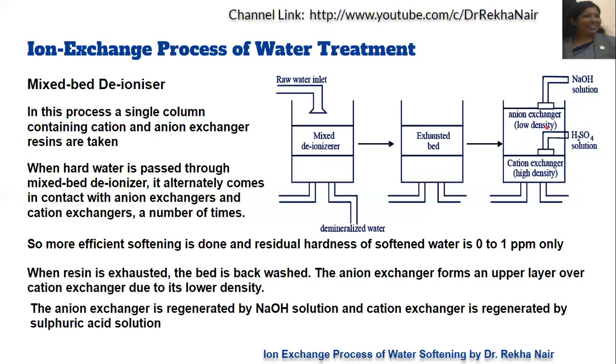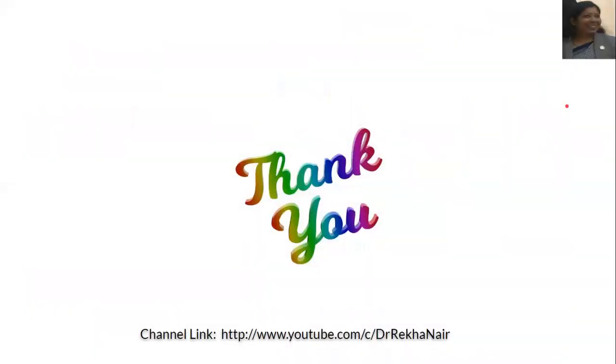So both regenerations happen at two different places in a single column; the anion exchanger and cation exchanger can both be regenerated simultaneously. The cation exchanger is regenerated with H2SO4, and the anion exchanger with sodium hydroxide. That is a better method compared with all the other methods.